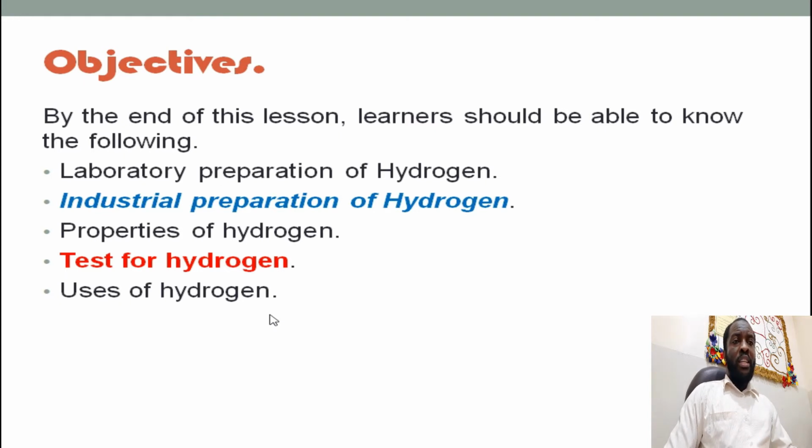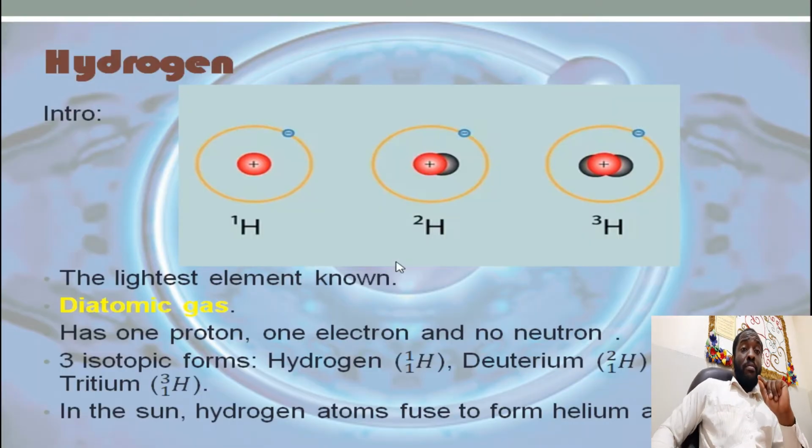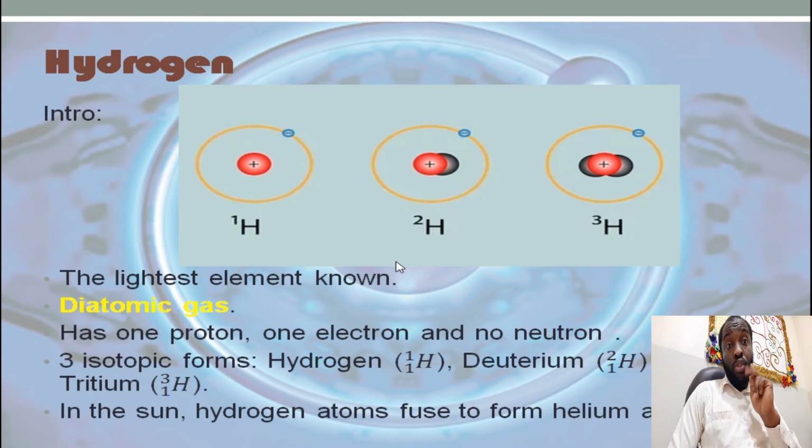Now, looking at hydrogen, the first thing that comes to our mind is that hydrogen is the lightest element known. It is a diatomic gas. A diatomic element or molecule is one with two atoms. Moreover, hydrogen has three isotopes.